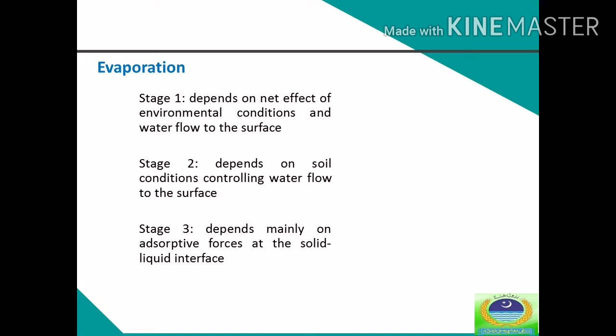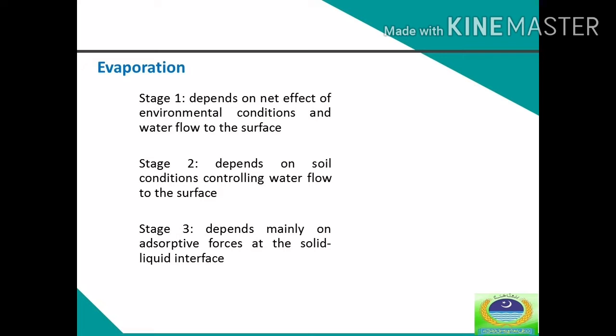During the second stage, losses decrease rapidly as the soil water decreases, and in the second stage the rate of evaporation depends mainly on soil conditions that control water flow to the surface.